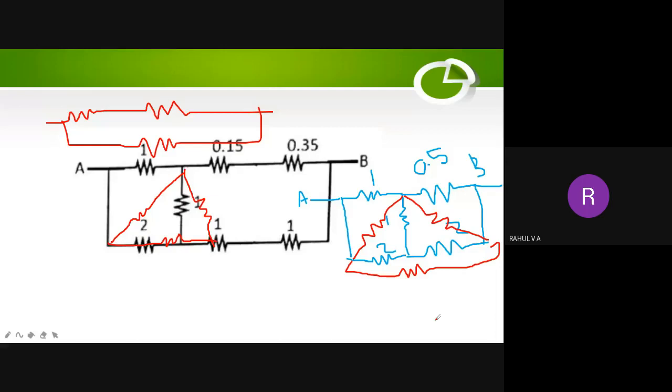Okay, which method you are trying, delta to star or star to delta? Okay, there is a small correction in that.